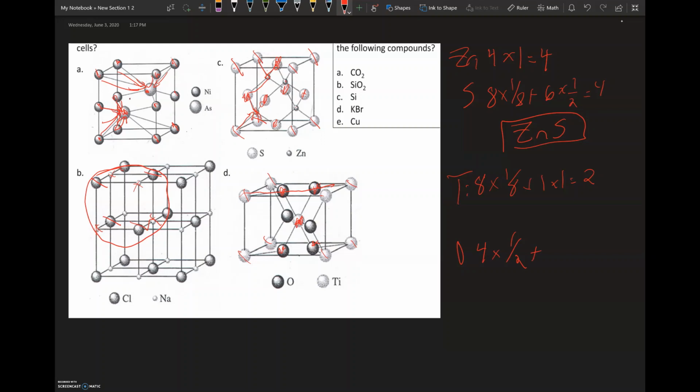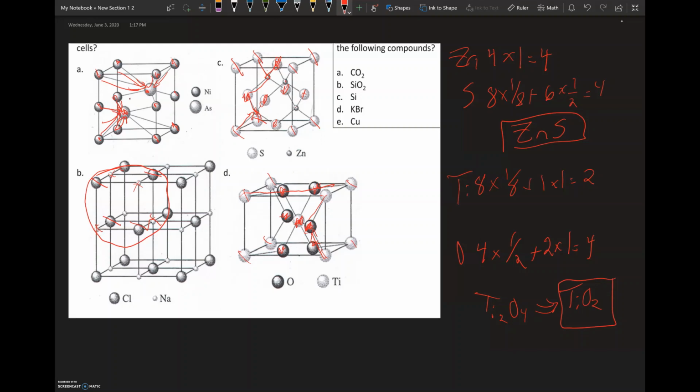Now the other 2 that we see there, if I use these lines, they're pointing inwards. So these 2 are found in the center, and the value of the center is 1. So this is going to be 2 plus 2 equals 4. So you have Ti2 over O4, which reduces to TiO2. That would be the empirical formula for that unit cell.